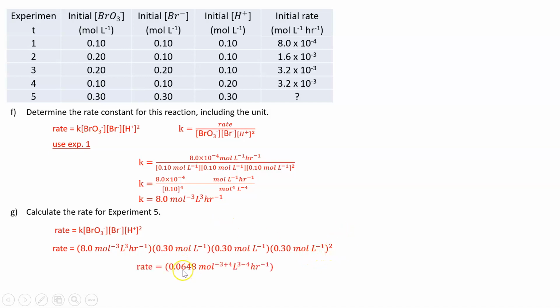And the rate we come up with is 0.0648 moles, and let's do those units. Moles to the negative 3 plus 4, it's going to be to the first power. Liters to the 3 minus 4, that's going to be negative 1, and then inverse hours.